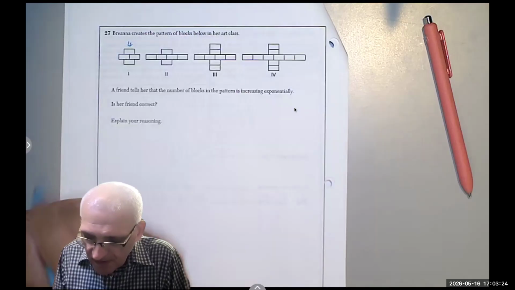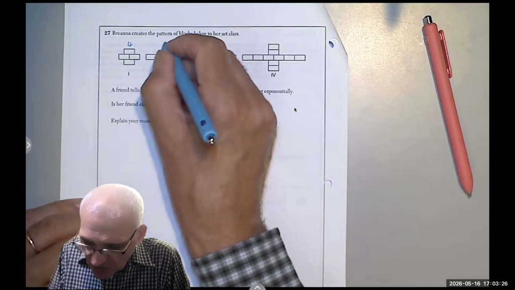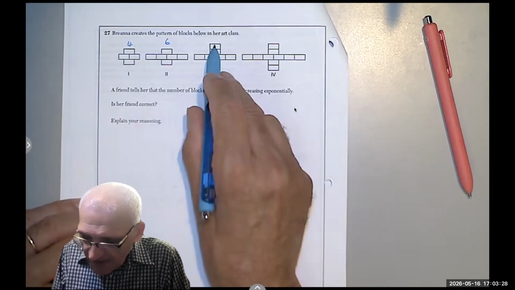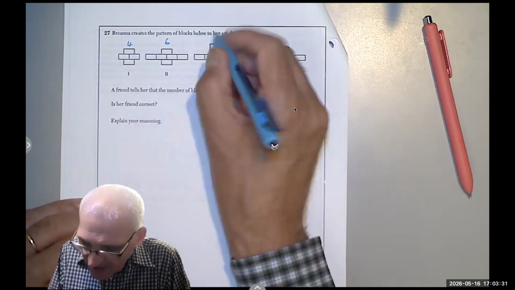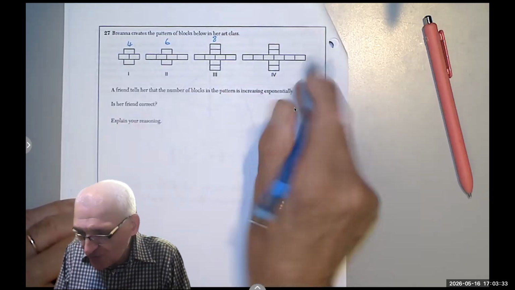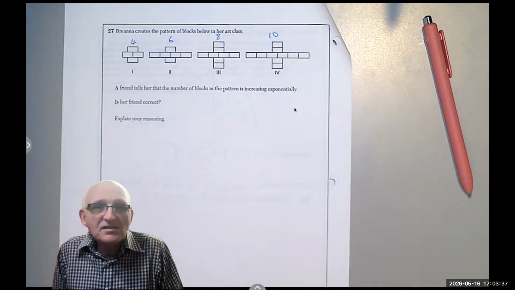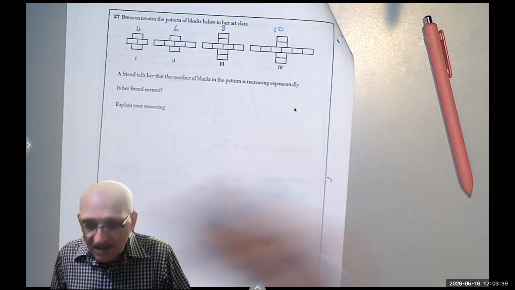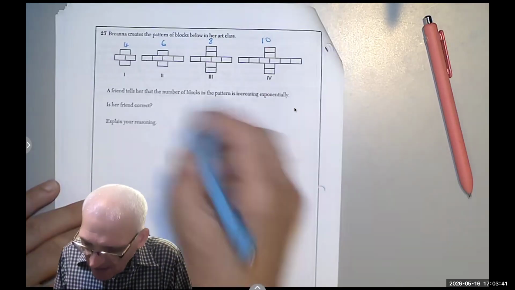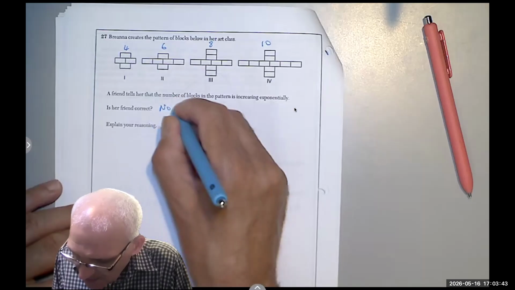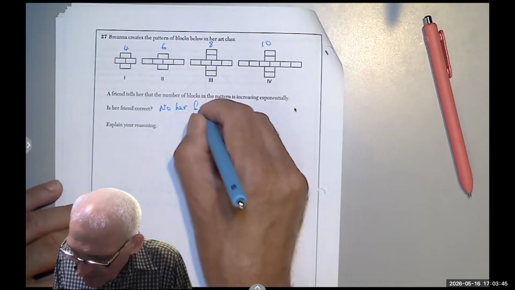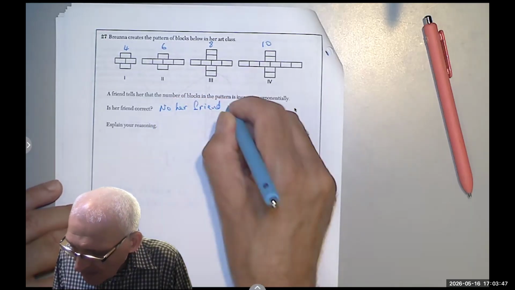We have 4, and then we added 1 and 2, so they become 6. We added 1 and 2, so they become 8. We add horizontally and vertically, so that's definitely not exponential, that's an arithmetic sequence, so to speak. No, her friend is not correct.